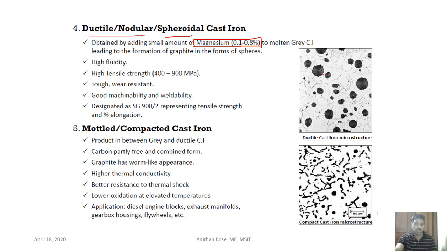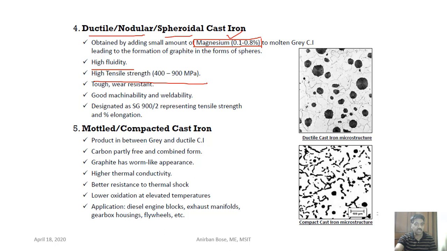The tensile strength is also very high, with toughness, wear resistance, good machinability and weldability. These are designated like SG902, where 900 indicates the tensile strength and 2 indicates the percentage elongation. So this is the spheroidal cast iron.